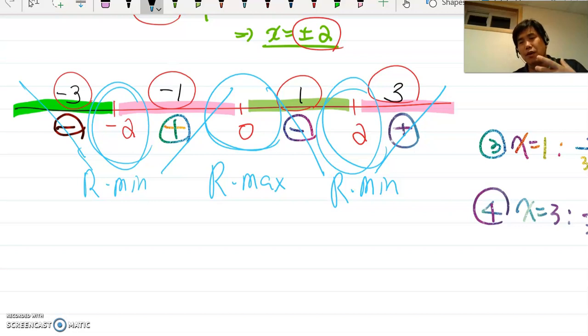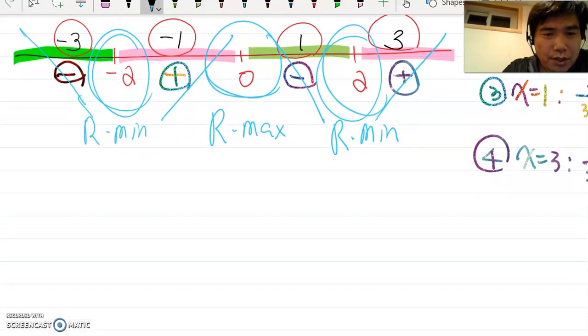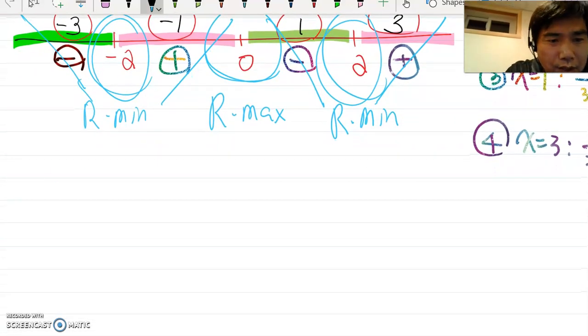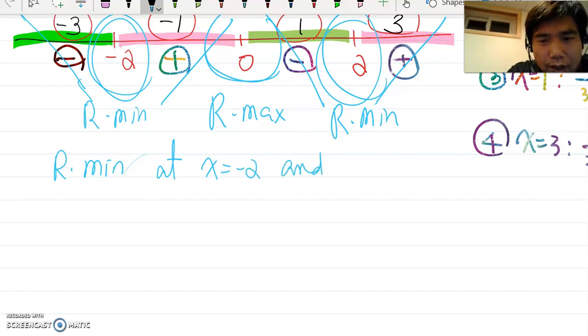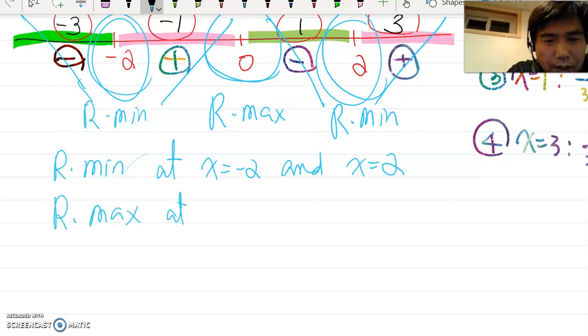But still it is a relative minimum, so don't forget that. So now our conclusion is that we have the relative minimum at x equal to negative 2 and x equal to 2, and the relative maximum at x equal to 0.